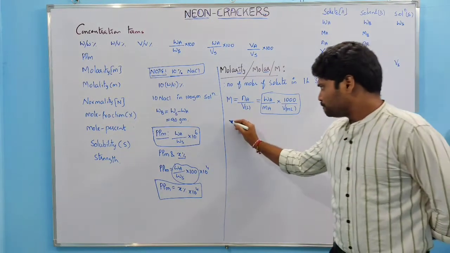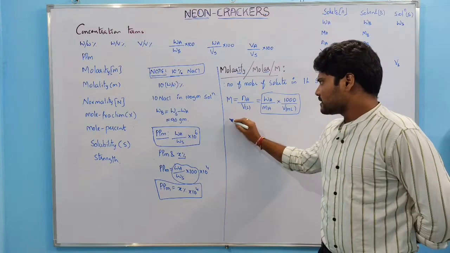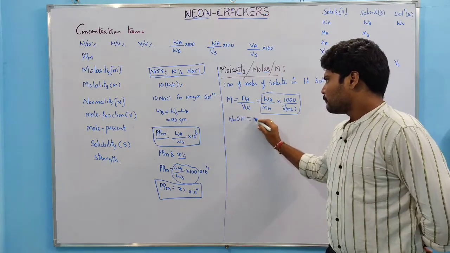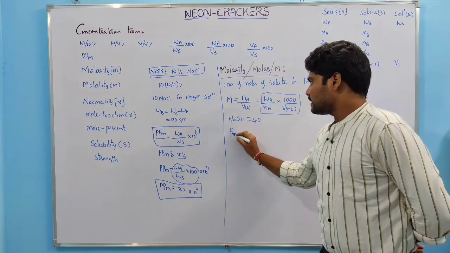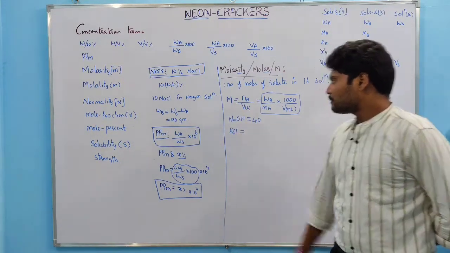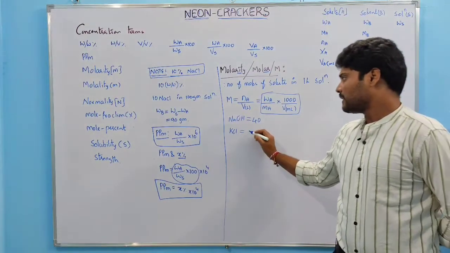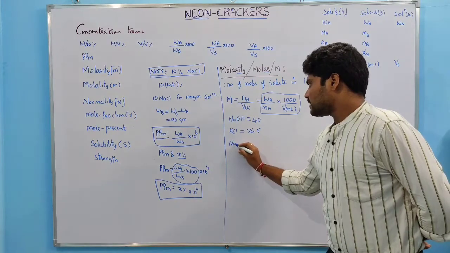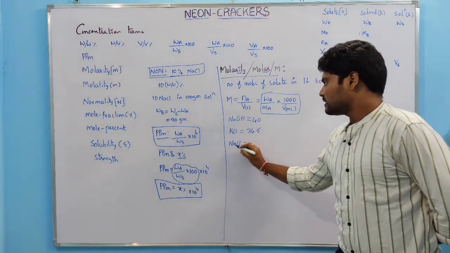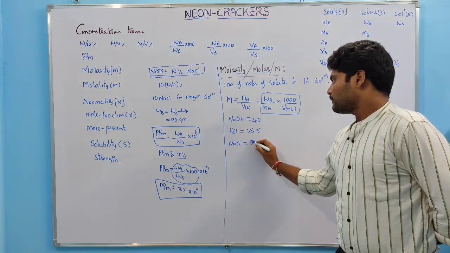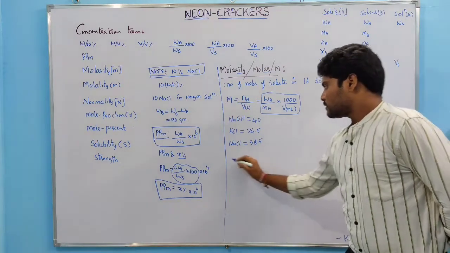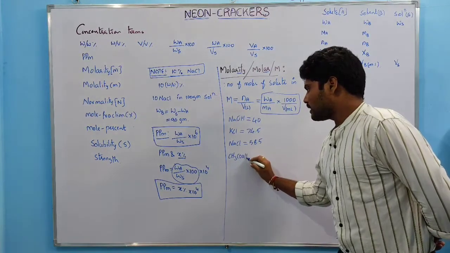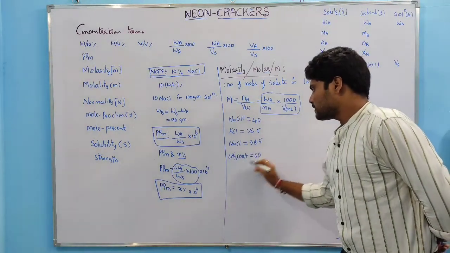So let's see a few compounds' molar masses. Suppose NaOH molar mass, how much beta? 40 grams. KCl molar mass 39 plus 35.5, so 74.5. Next, NaCl salt molar mass 23 plus 35.5, 58.5. Next one, acetic acid, CH3COOH, 60 is the molar mass.